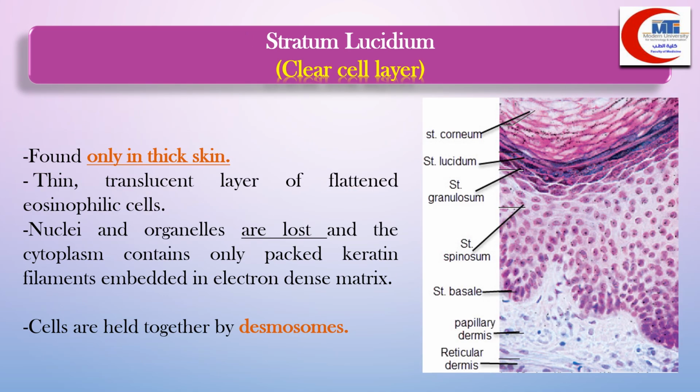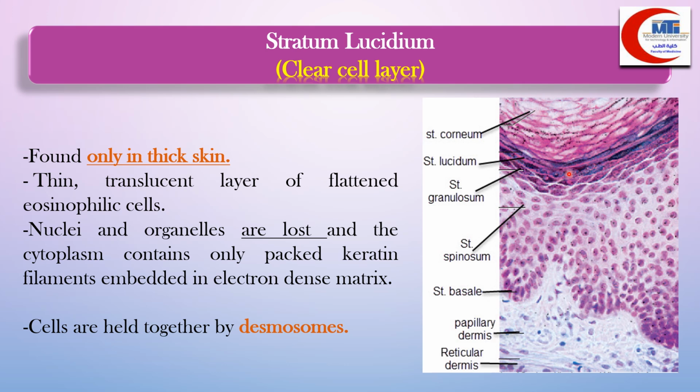The stratum lucidum, or the clear cell layer, is found only in thick skin. It is a thin, clear or homogeneous line, which is formed of non-nucleated flattened cells without any organelles, but attached together by desmosomes.